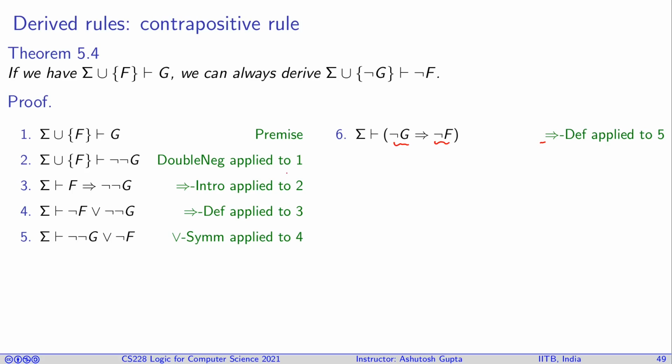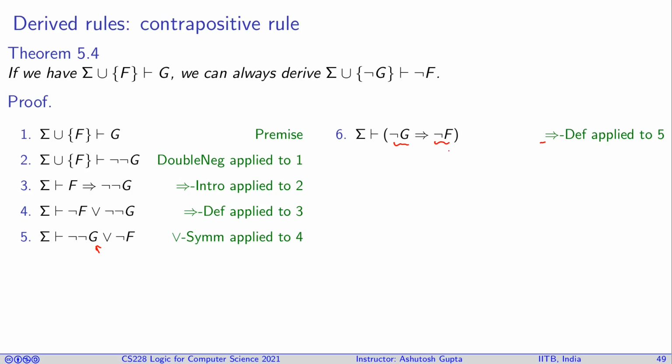Recall that if this had been g, I could not have applied it. But now since I have taken it as a not of g, it gives me the ability to apply this definition. And please note that these are the kinds of tricks you need to observe so that you can do the proofs. Now you have not of g implies not of f.